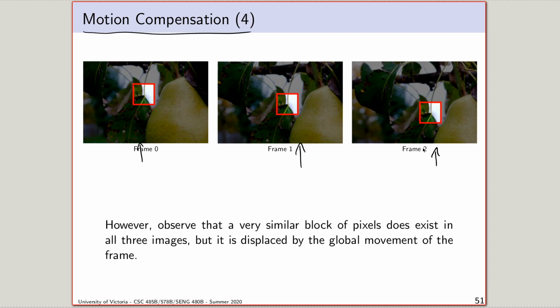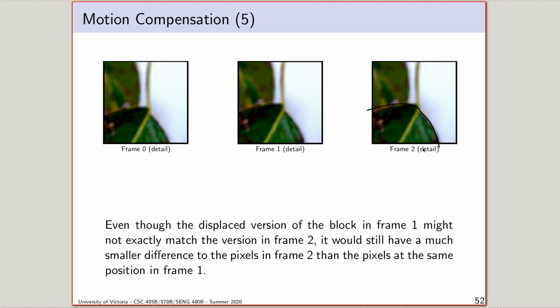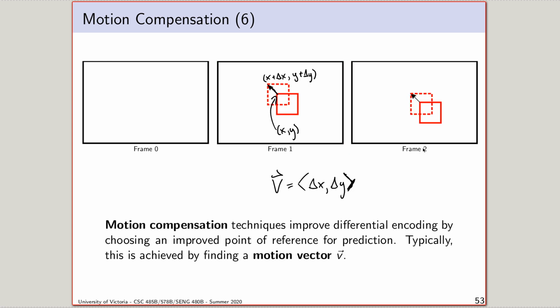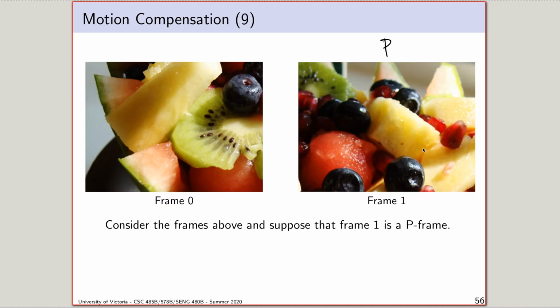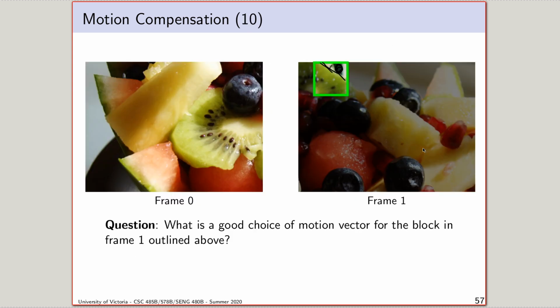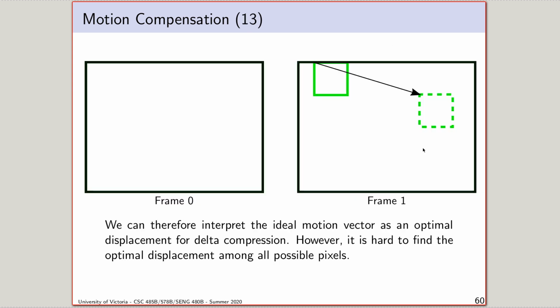And so that means that if you're compensating for real motion, you probably have very small motion vectors that are pointing only a couple of pixels away. But if you're just looking for the best match to take differences against, it can be literally anywhere. It can be halfway across the image, because it doesn't actually have to be motion, just a good choice of a block to take a difference against. That's sort of scary because then we have to begin thinking about questions like, how do we compute the motion vector? What's the best motion vector?